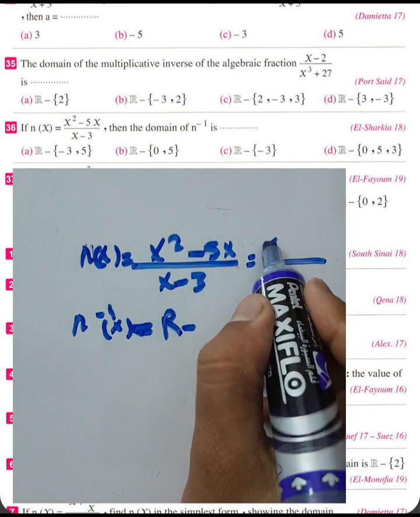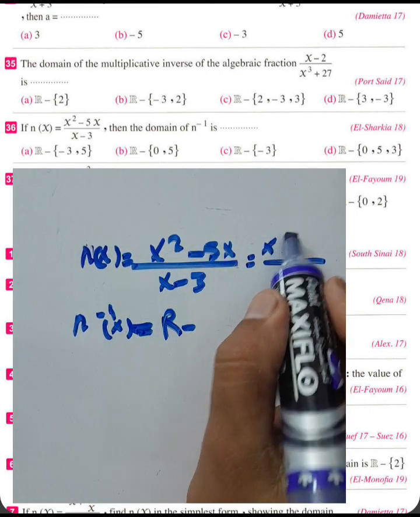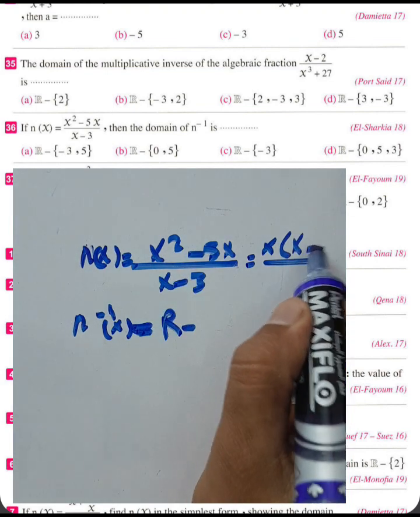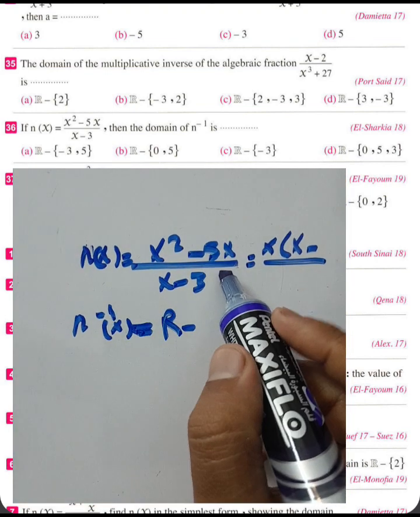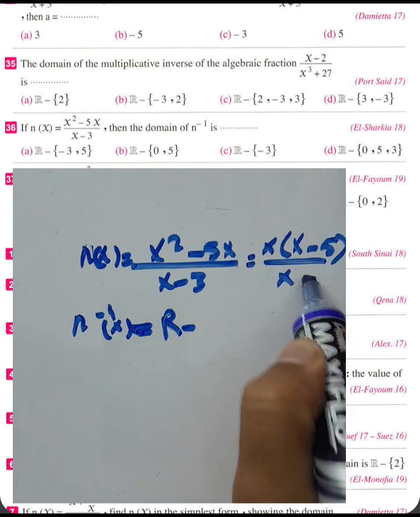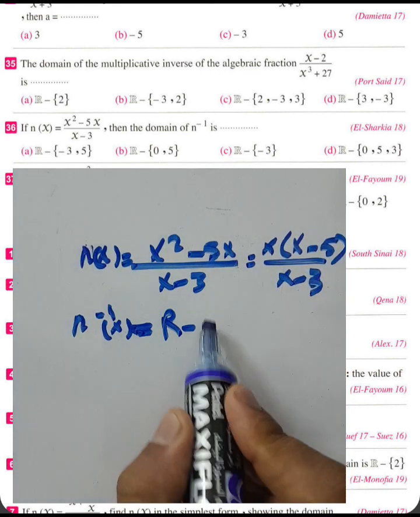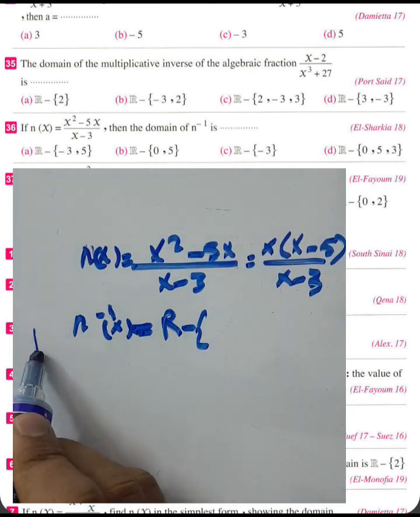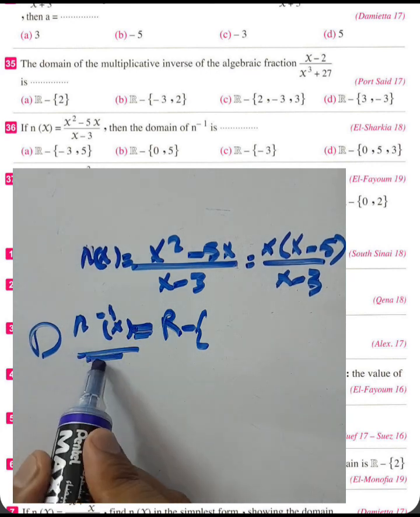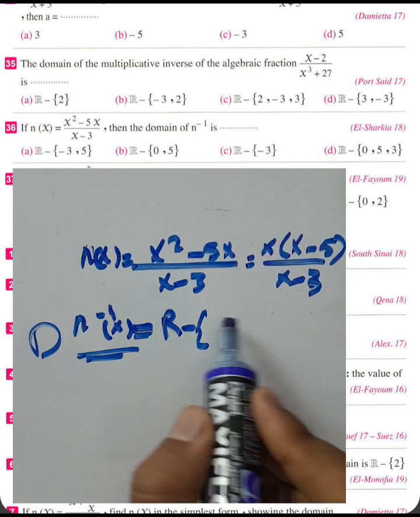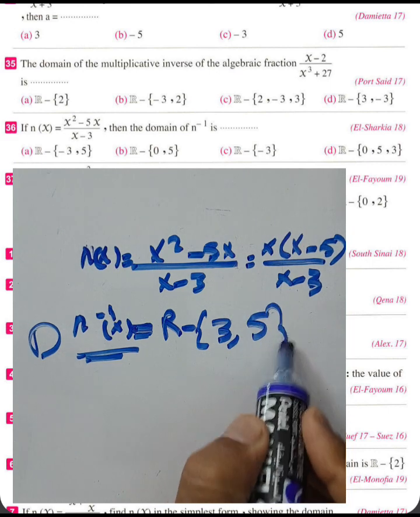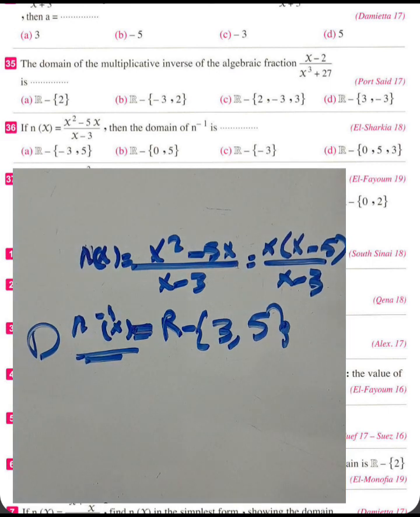Now write x here, the highest common factor between the two terms, x power 2 divided by x equals x, and negative 5x divided by x will be negative 5, over x minus 3. Then the domain of this function will be R subtract the zeros in the denominator and the zeros in the numerator. It will be R subtract the set of 3 and 5. Question 36, choose letter D.